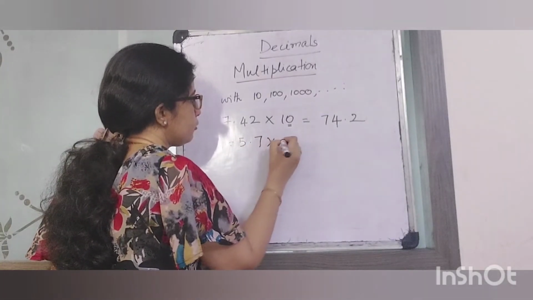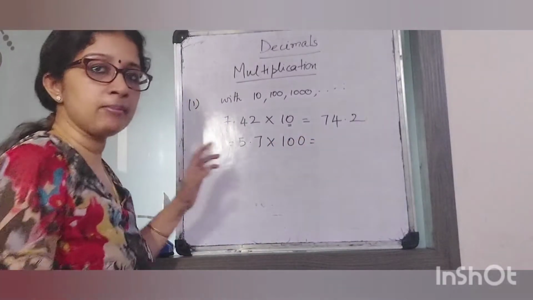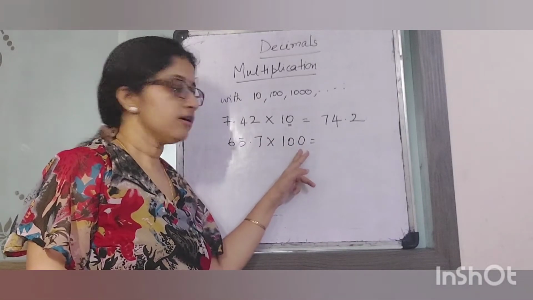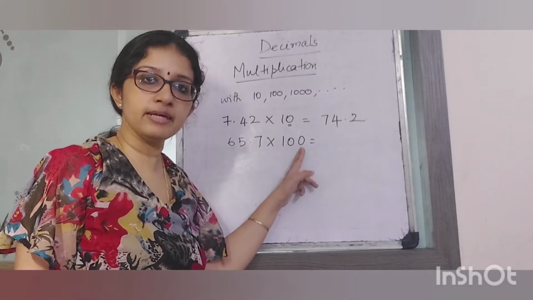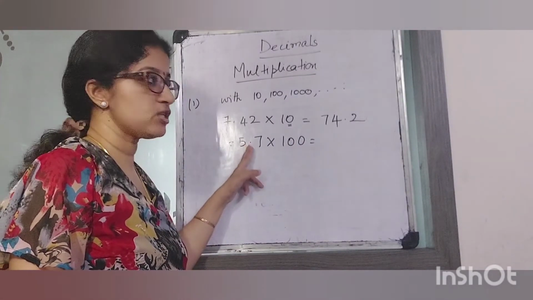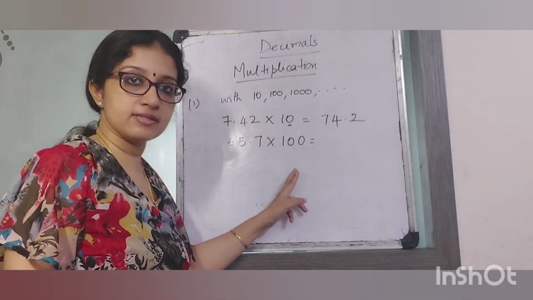Okay. Now let's take another example. 65.7 into 100. Okay. Now we are multiplying a decimal number by 100. Okay. So 100 has 2 zeros, right? So what should we do? The decimal point should be shifted to the right by 2 places. Okay.